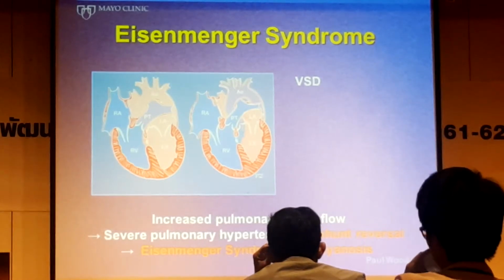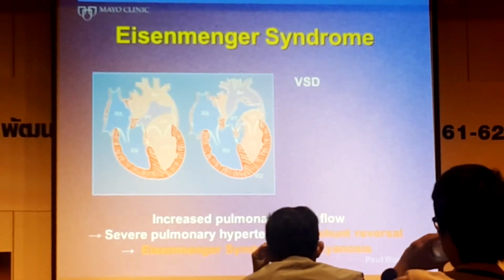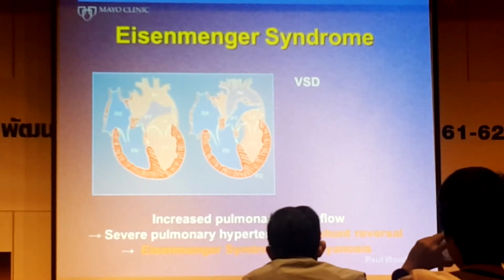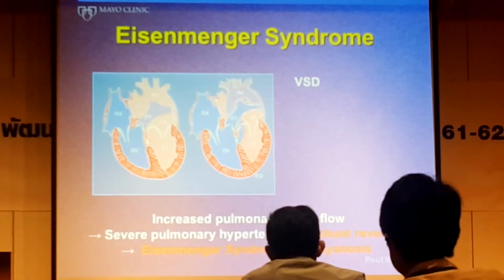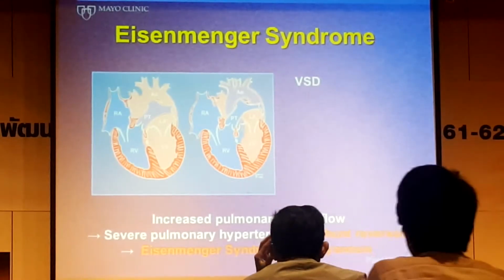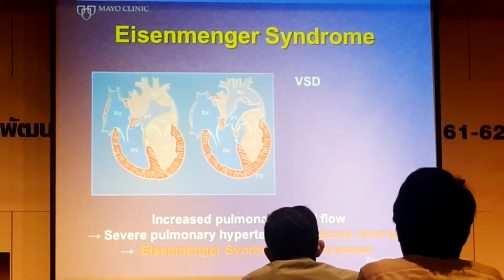The PA pressure goes up significantly, becomes systemic or suprasystemic. The RV pressure becomes systemic. There's equal pressure between the RV and LV, and you have a right to left shunt across the ventricular septal defect, and that's why the patient gets blue. And that's what Eisenmenger syndrome is.